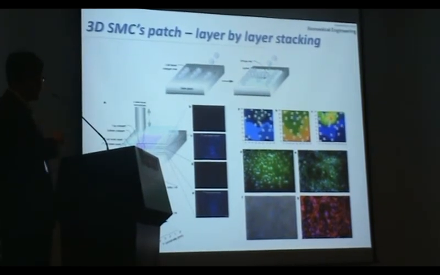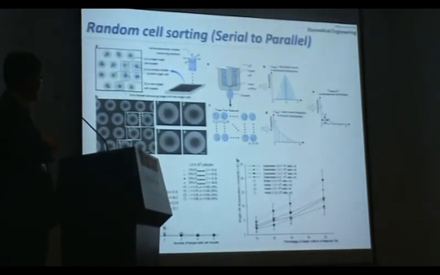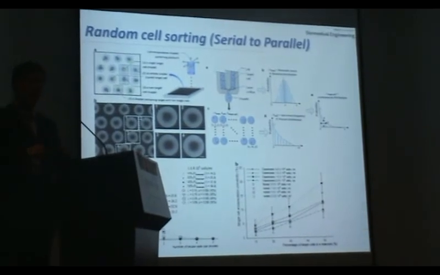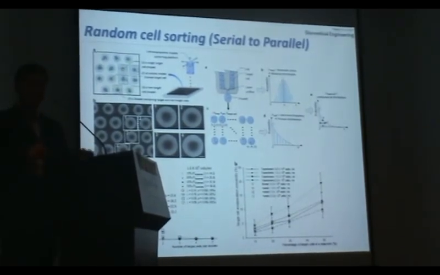Also, we analyzed how many cells are encapsulated in a droplet during the printing process. So we evaluated this with a statistical method. It follows Poisson distributions, so we can control how many cells are encapsulated based on this analysis method.